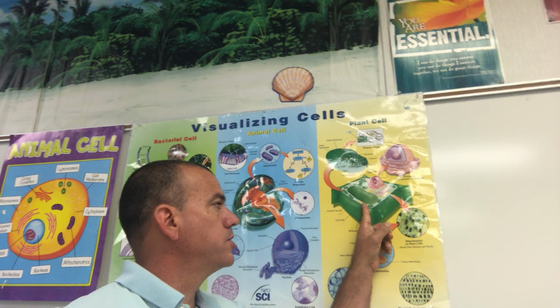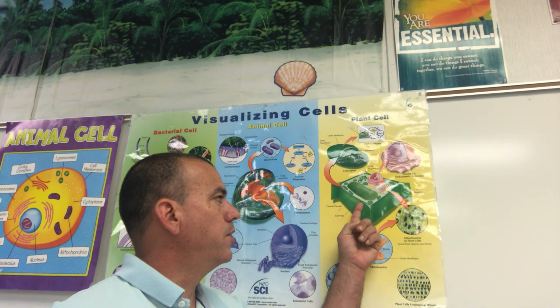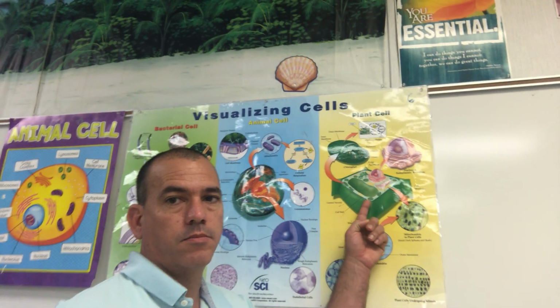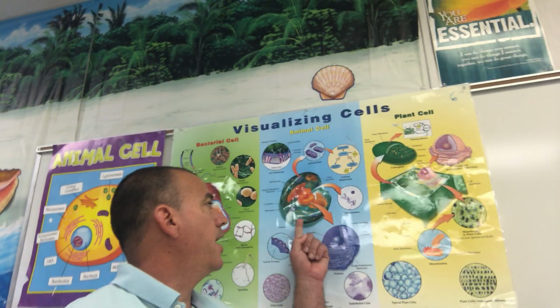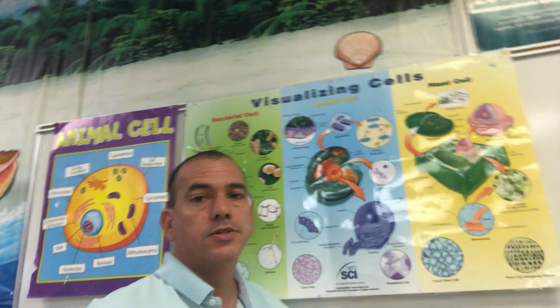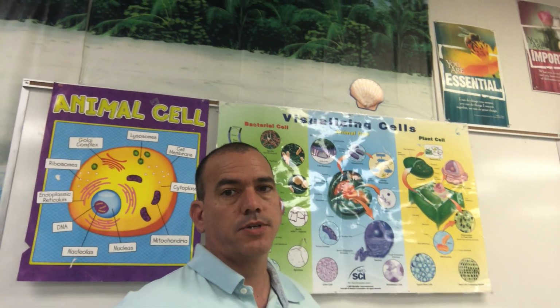It has one here, which is your cell membrane, and then another one, which is the cell wall. Notice this is like a double barrier. The animal cell does not have that. Again, cell wall, a second outer barrier, not found in animal cells. Animal cells have no cell walls.